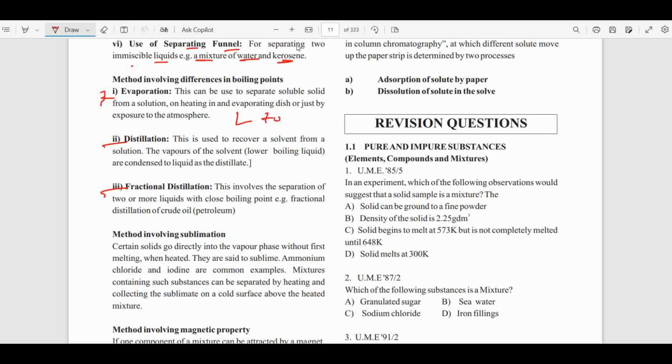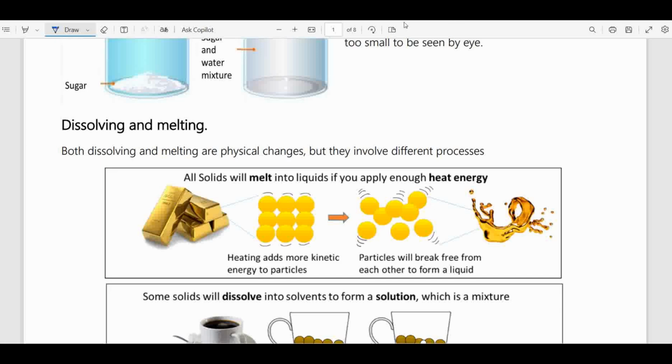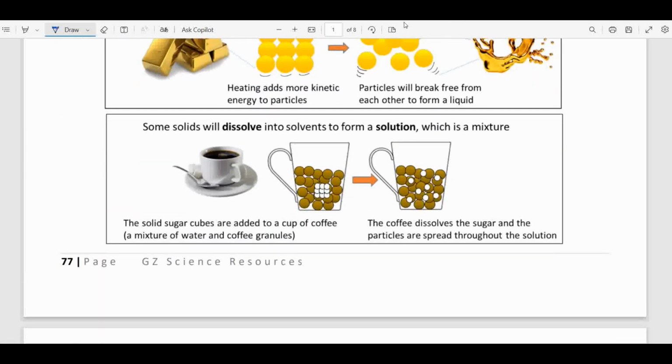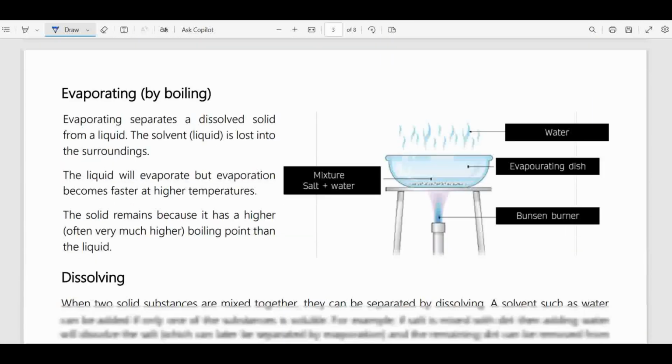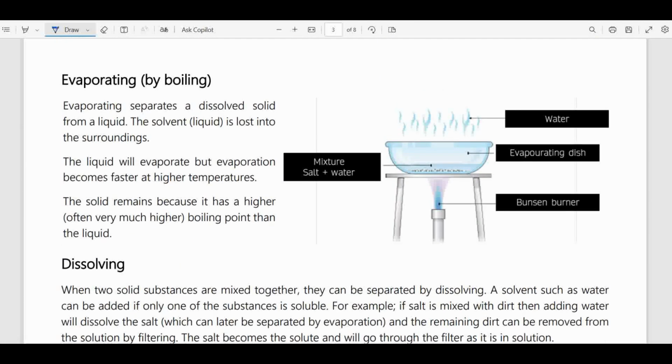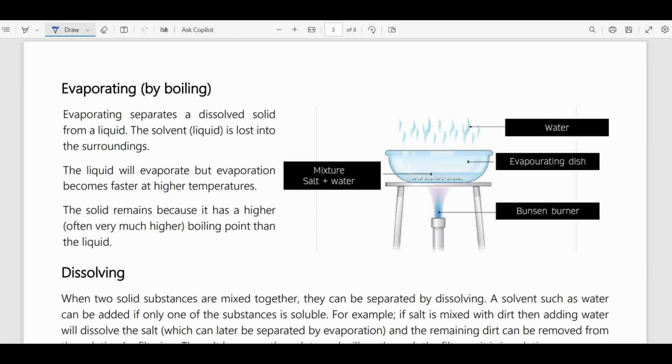Now, you can apply that to separate mixtures. Here is an example of evaporation. You can use evaporation to separate dissolved solid from a liquid.